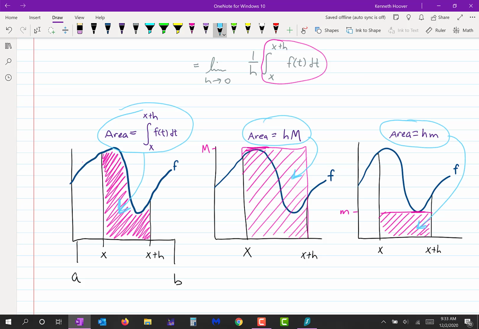So the amount of area below lowercase m is going to be less than the amount of area below little f. Depending upon what f looks like, it's possible that the areas could be equal. If f was actually a horizontal line, then those three pictures we have there would actually be three rectangles that would all be the same size.